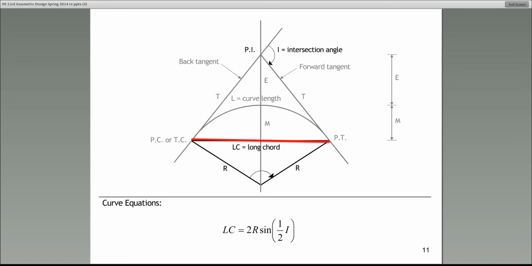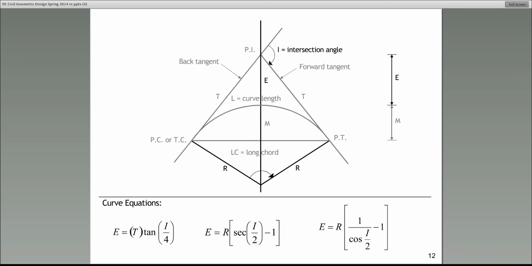The line that connects a PC to PT is called the long chord. Now, this equation down here gives you the relationship between long chord, radius, and I. What's I again? You got it. The intersection angle.